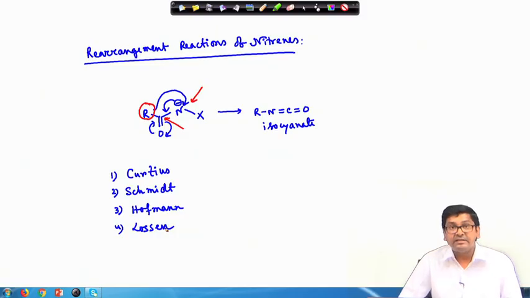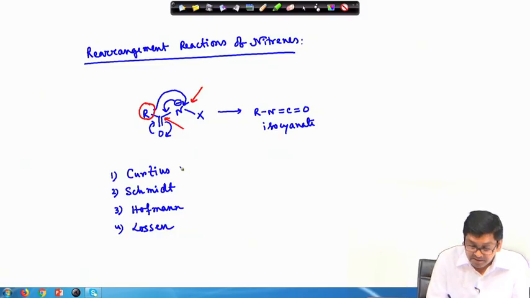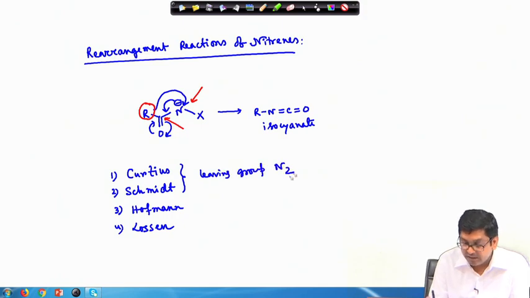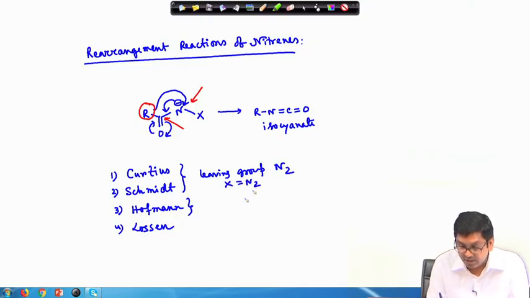In these four types of reactions, for the first two cases the leaving group is nitrogen, that means X equals N2.